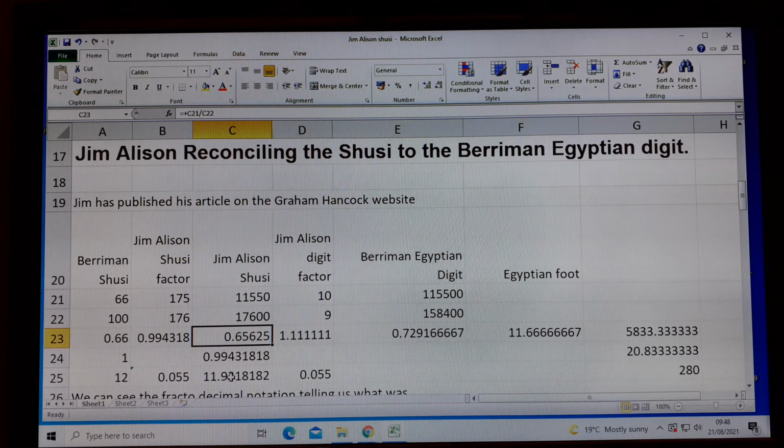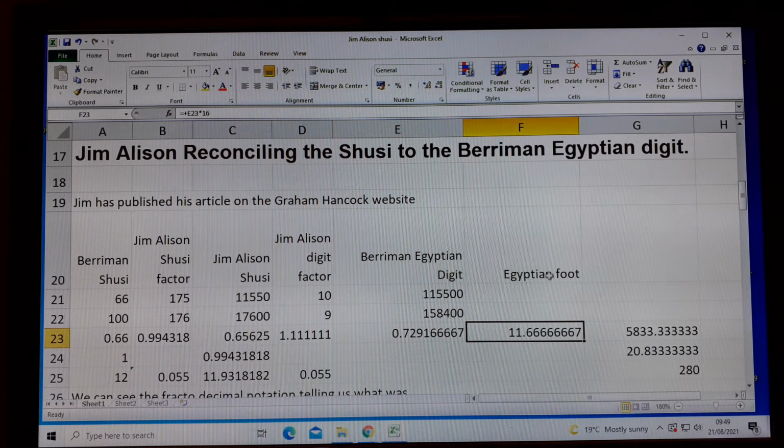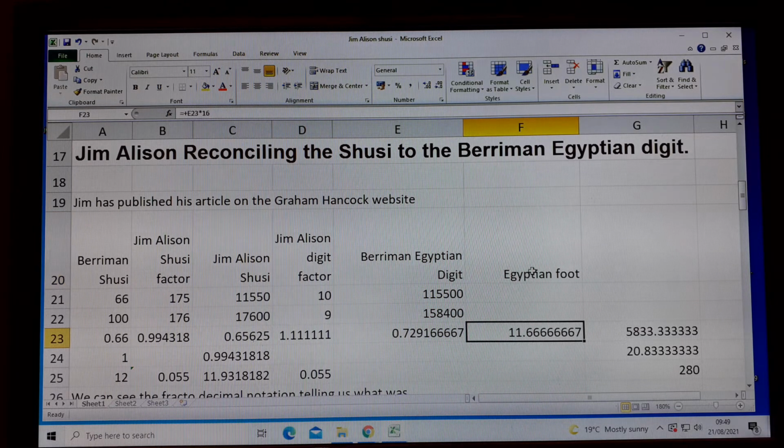Where this comes into play is when we factor this out into the Earth's circumference. I'm going to work through how we calculate the Earth's circumference, but what I want to do first is take this digit and multiply it by 16 to get Berryman's Egyptian foot. That's very important, it's in his book.